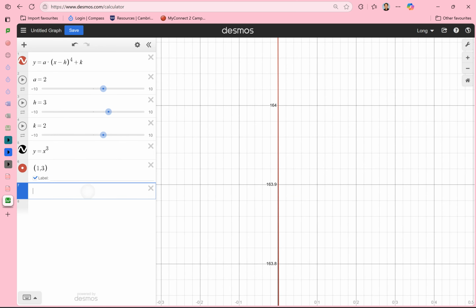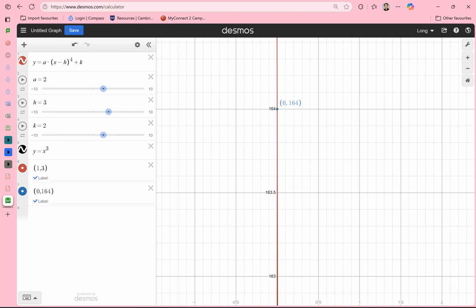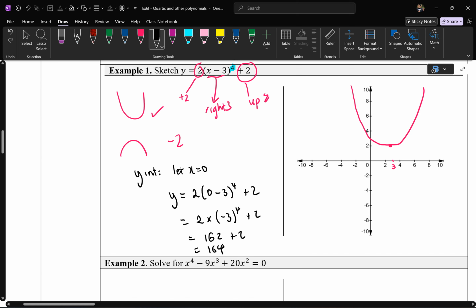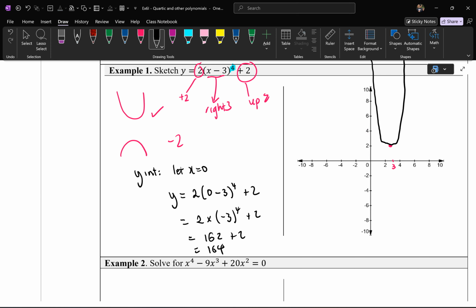There we go. So when x is 0, y is 164. There you got it. That's your y-intercept. So that's what I mean. That's all your graph is going to be doing. But when you're doing it, obviously just make it go all the way up, squarish, and back up.